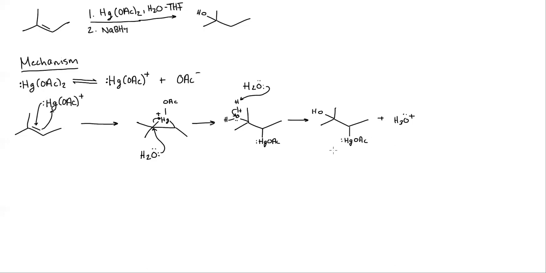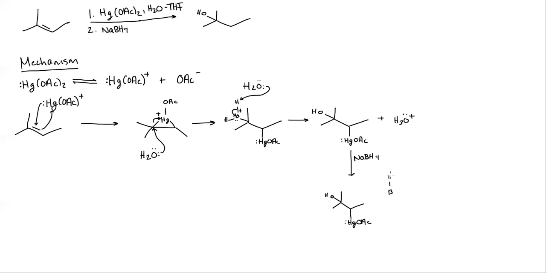Well, what I need to do is add NaBH4. Okay, so that's my second step, NaBH4. So I'm going to draw this arrow down and put NaBH4, and what that NaBH4 is going to do is this. So we still have my HgOAc. And NaBH4 looks like this.